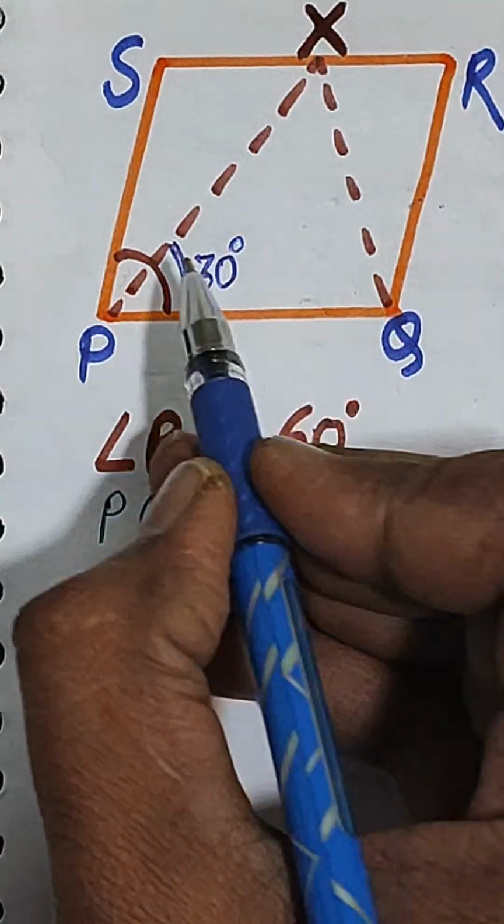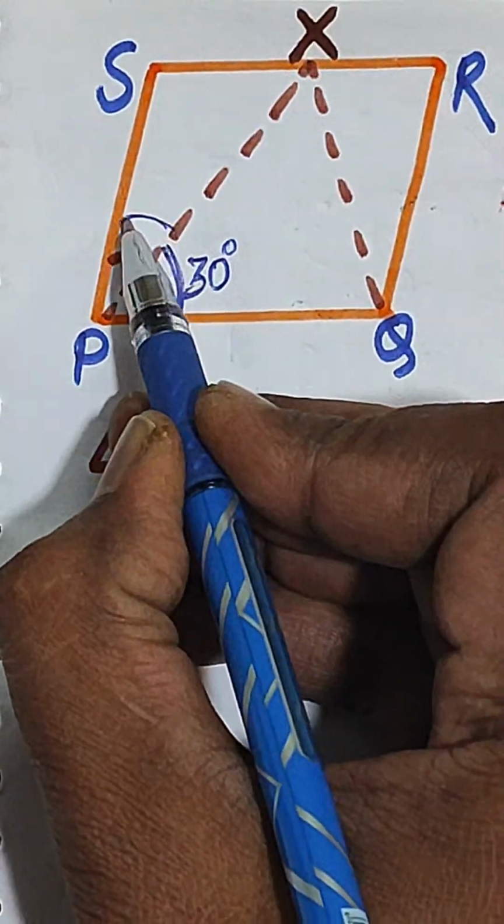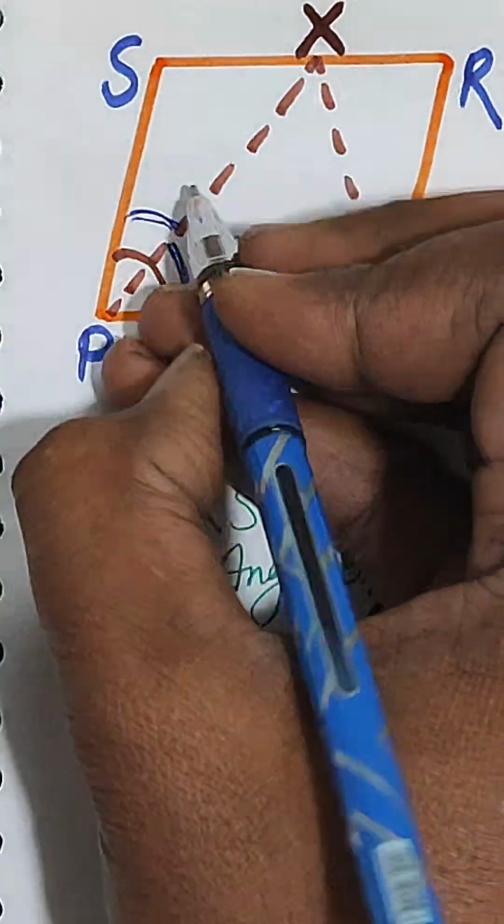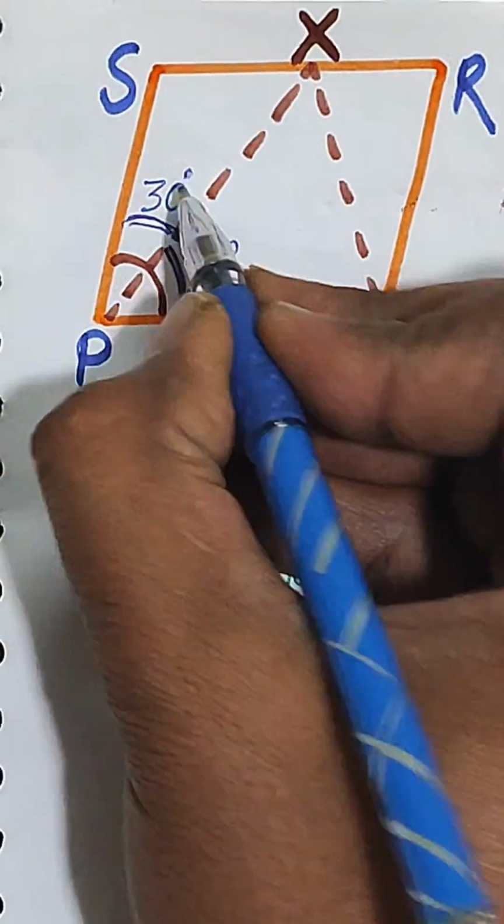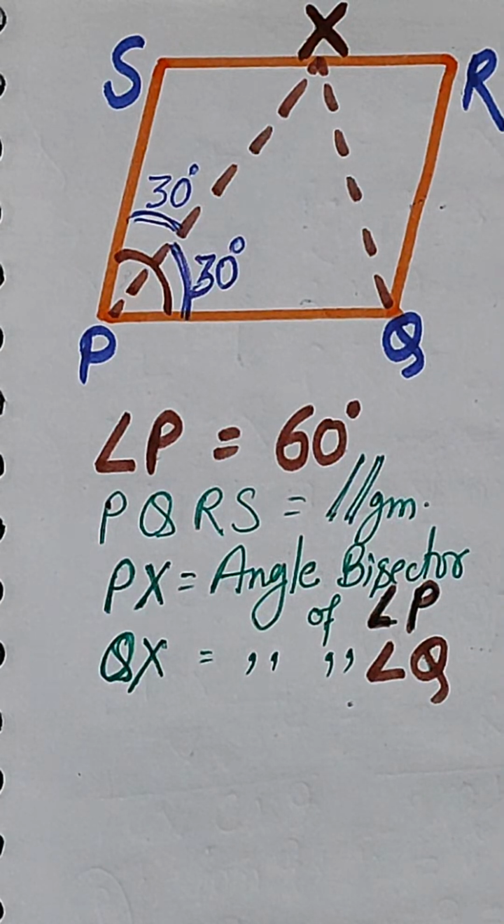If this is 30 degrees, the rest of the angle is also 30 degrees, being an angle bisector.